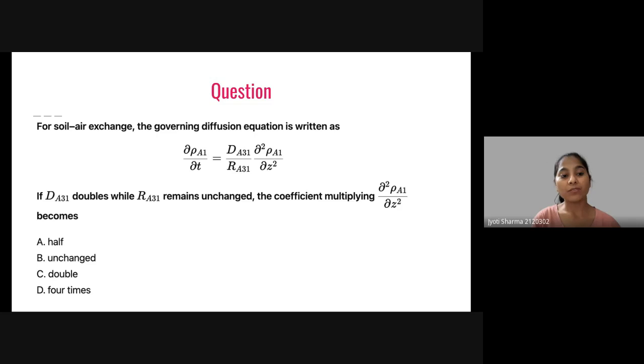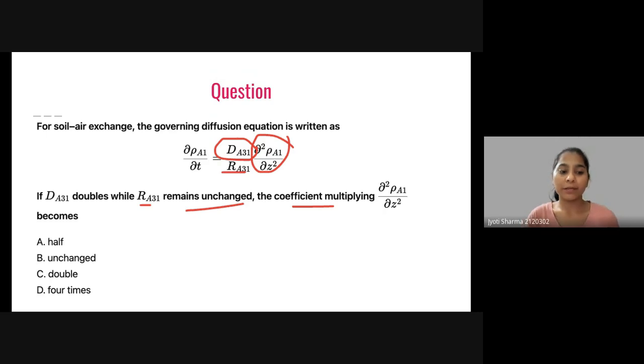So if we have soil air exchange, the governing diffusion equation is written here. If Da31 doubles, and Ra31 remains unchanged, the coefficient that is multiplying with this will become what?